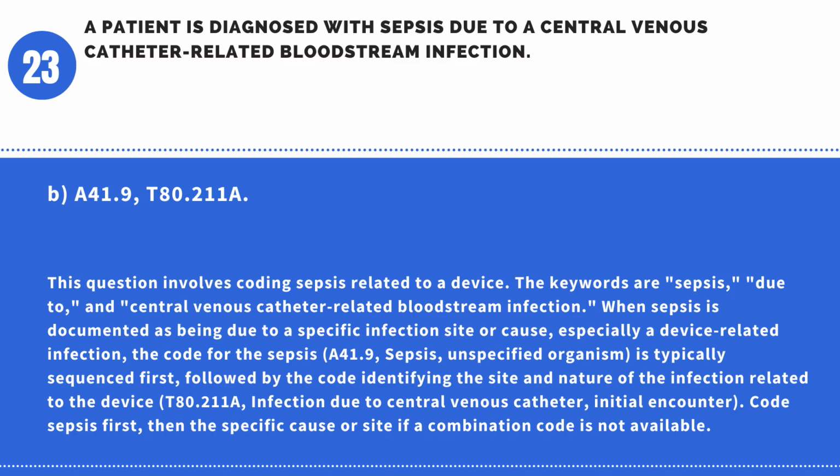When sepsis is documented as being due to a specific infection site or cause, especially a device-related infection, the code for the sepsis, A41.9, sepsis, unspecified organism, is typically sequenced first, followed by the code identifying the site and nature of the infection related to the device, T80.211A, infection due to central venous catheter, initial encounter. Code sepsis first, then the specific cause or site if a combination code is not available.